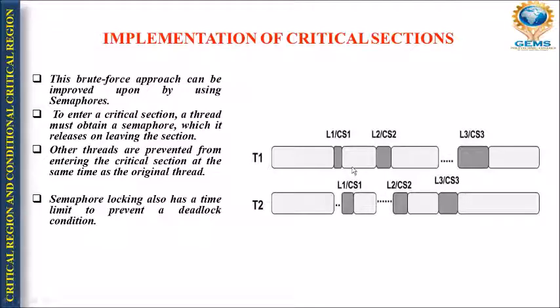And when T1 releases it, only then will it be used by T2. Otherwise, whenever T1 is using the critical section, T2 cannot use it. Simultaneously, when T2 is using the critical section, you can easily see that it will not be used by T1. Okay.